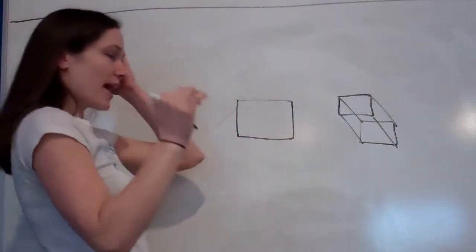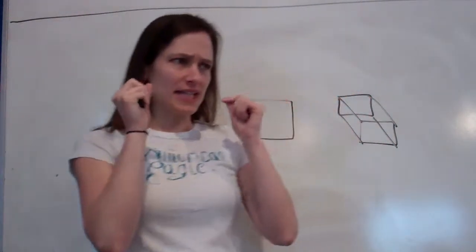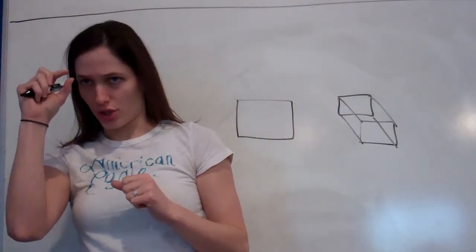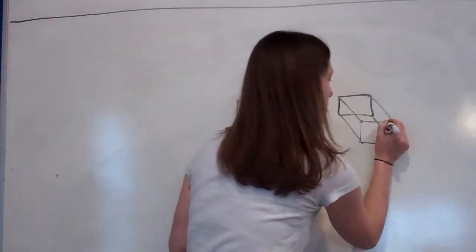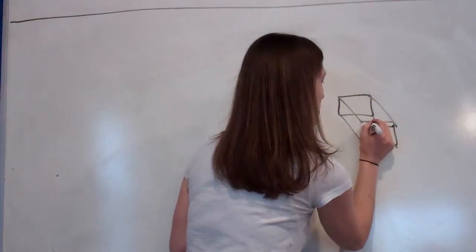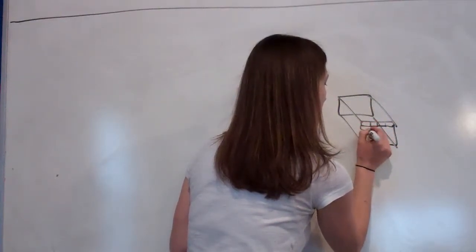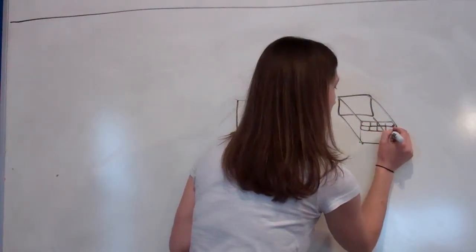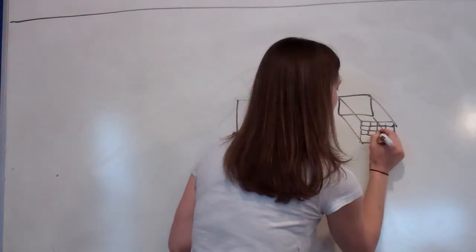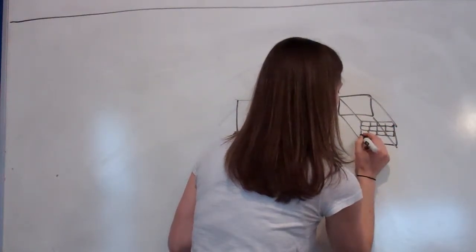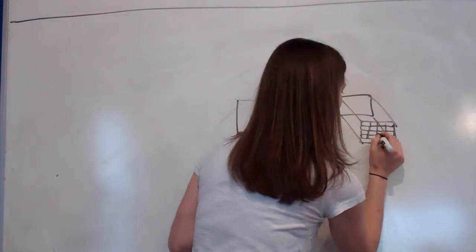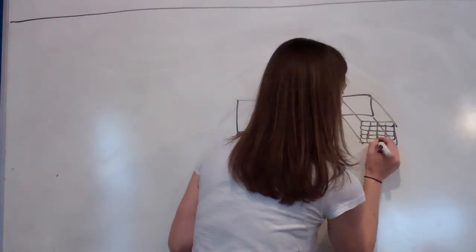Okay. Now, what I want you to see is imagine we have little bitty sugar cubes, okay? And I put a sugar cube, a sugar cube, a sugar cube. Oh my gosh, it's a lot of sugar cubes.